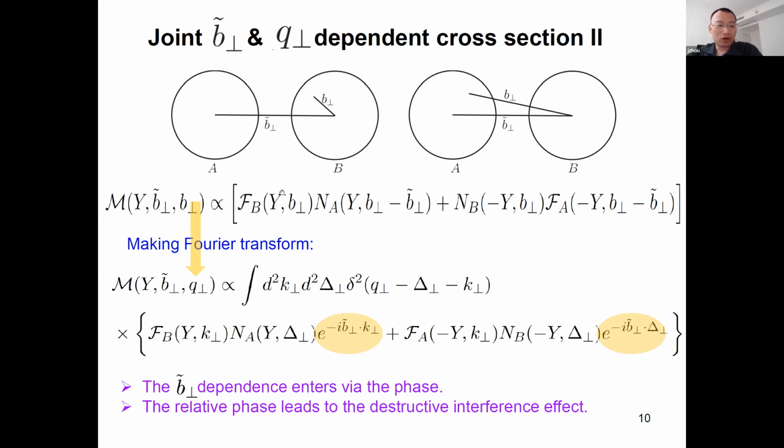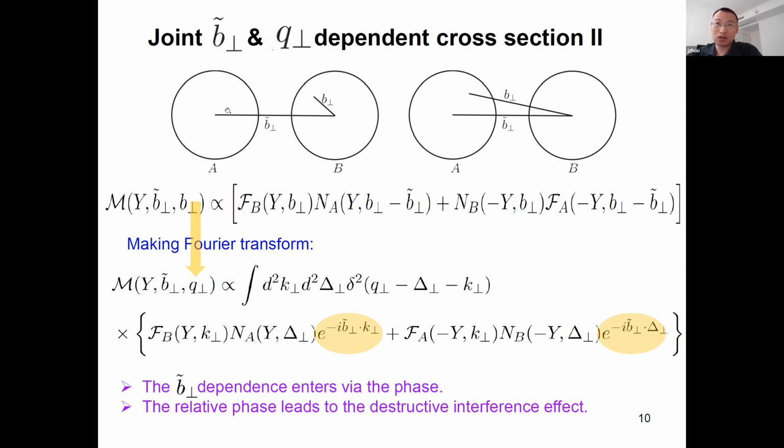Now we make a Fourier transform in terms of b_perp, not in terms of b_perp tilde here. b_perp tilde is fixed here, but we make the Fourier transform in terms of b_perp. And b_perp here and the q_perp, the transverse momentum vector, are truly conjugate variables. It's not possible to determine these two physical quantities simultaneously according to the uncertainty principle.